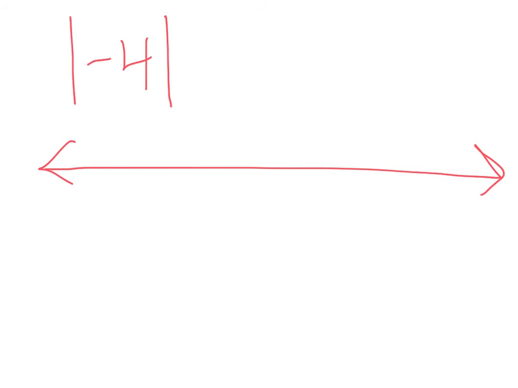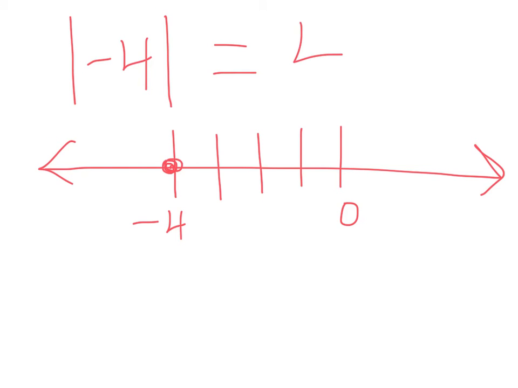So let's look at some examples. The absolute value of negative 4. If you draw a number line, plot your 0, and then go back 1, 2, 3, 4. The absolute value of negative 4 is positive 4. Distance is positive. Now we can find the absolute value of negative 3.